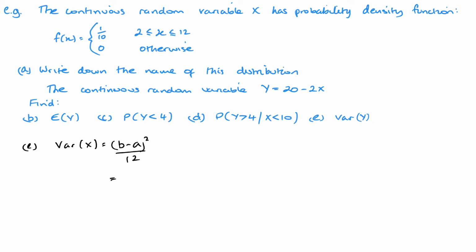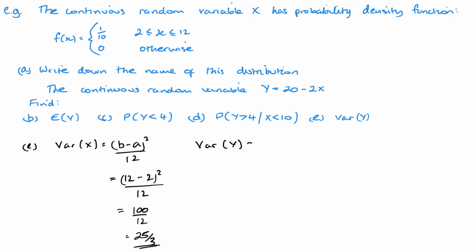So constantly writing it down means that you'll never actually have to learn it, because you would have learned it as you were doing the questions. So it's a good practice to write these down as you go along. Anyway, we end up with 12 minus 2, which is obviously 10 squared, so we get 100 over 12, or 25 over 3 there.